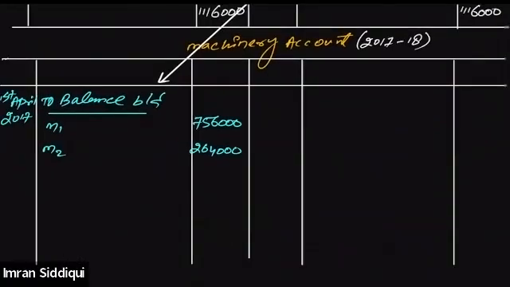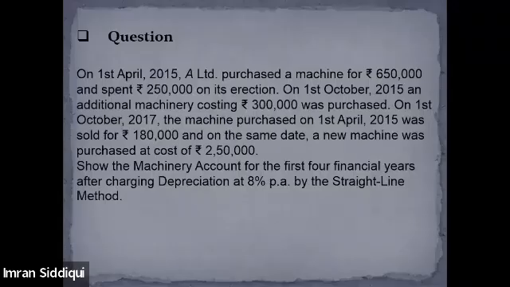Okay. Now we need to go back to the question again and try to find out if anything occurred in the year 2017-18 or not. On 1st of October 2017, the machine purchased on 1st of April 2015 was sold for 1,80,000 on the same date.